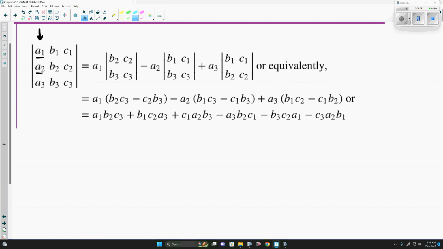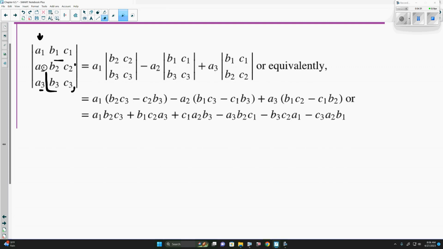A sub 1, A sub 2, A sub 3. And then we find the determinant of the remaining group. This seems a little odd, especially how we pick the numbers. Now, if I picked A sub 1, I'm going to take the determinant of this group here. So A sub 1 times the determinant of this box.